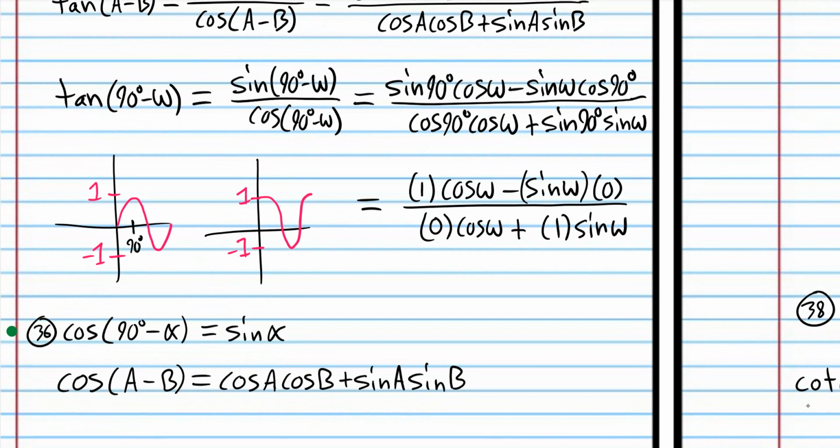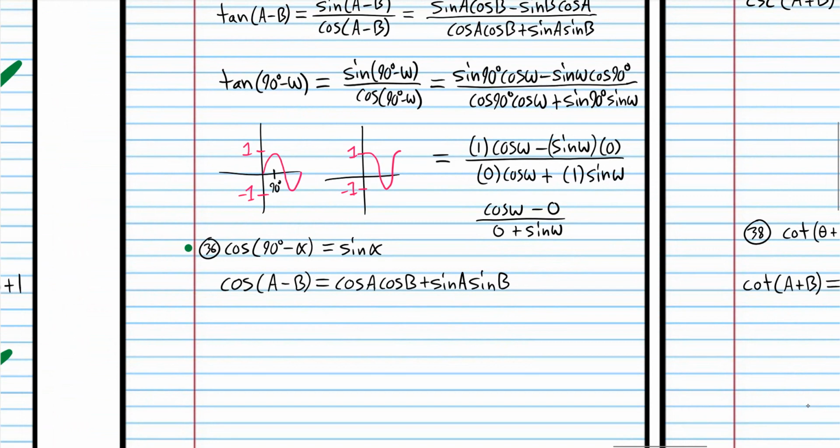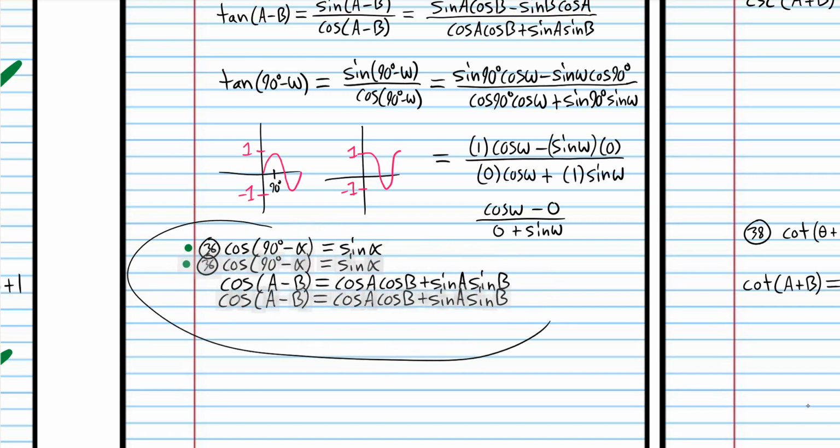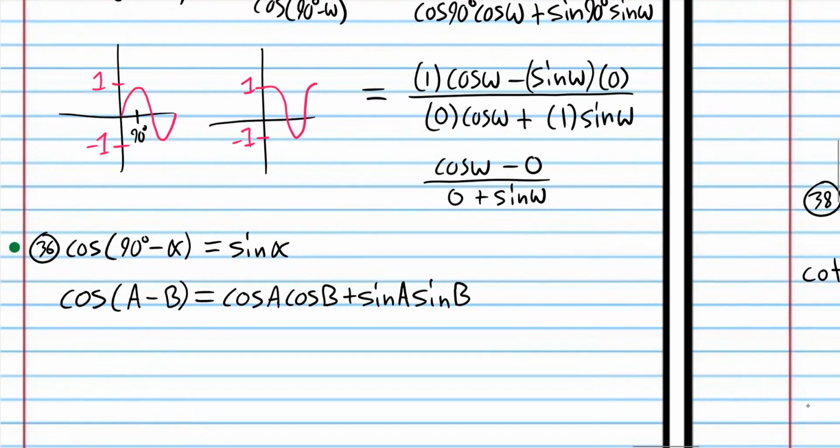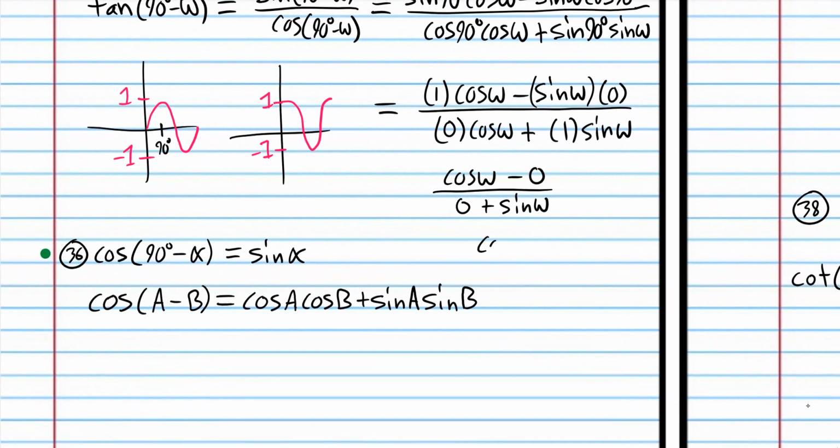So we have cosine omega minus 0 over 0 plus sine omega. Let's find a little more room here. And then we have cosine omega over sine omega.